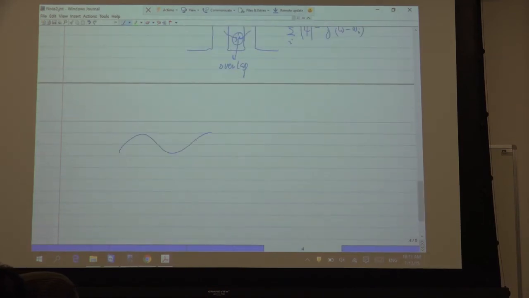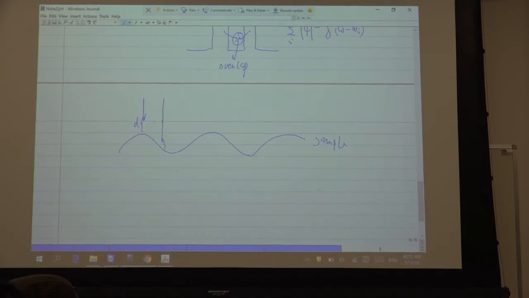This is the sample surface, and this is the tip. You should keep the current constant. If you keep the current constant, the distance D should be constant, right? It's the distance D here, but at this position the tip should be something like this.